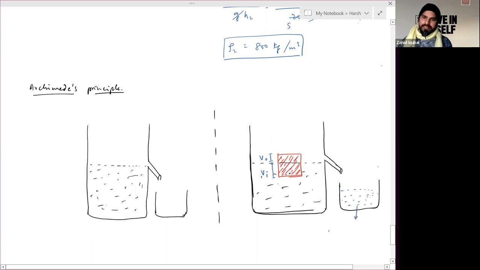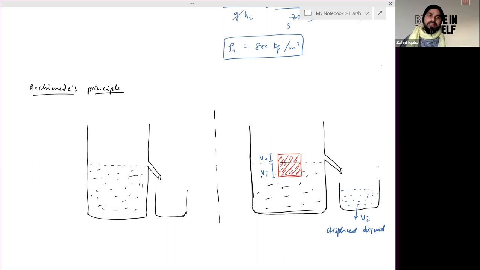So this will be termed displaced liquid, and its volume will be equal to Vi, how much volume of the object is immersed in this liquid.